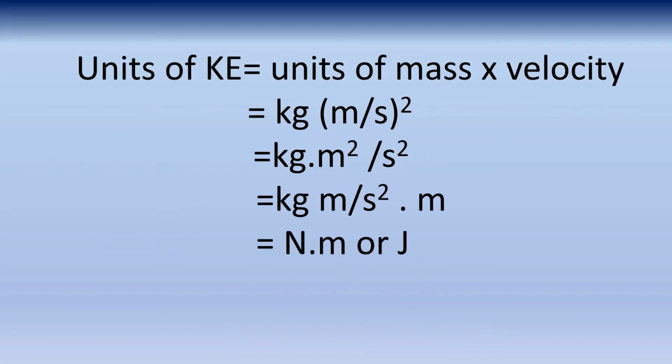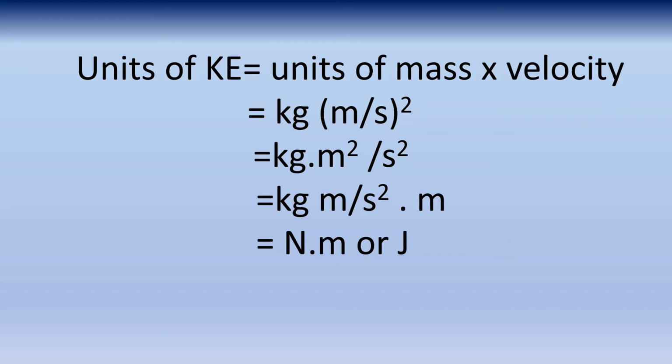Question: what is the unit of kinetic energy? To get the unit of kinetic energy, we have to derive it from the units of mass and velocity. The unit of mass is kilogram, and the unit of velocity is meter per second, squared. This becomes kilogram meter squared per second squared.